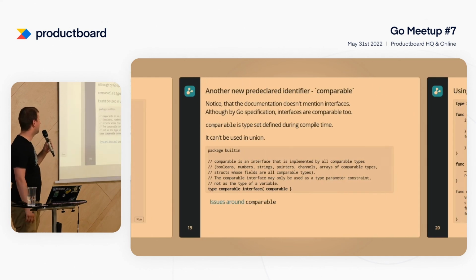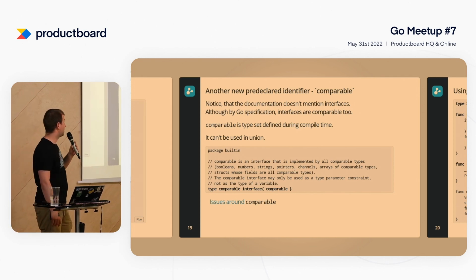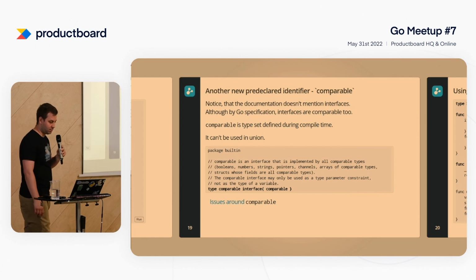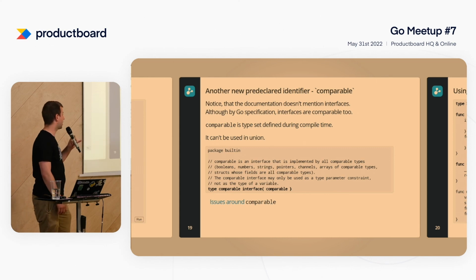Okay, and another new predeclared identifier is comparable. It's the only constraint which made it to the 1.18 release, and it's a dynamic typeset, which includes all types supporting the equal operator. So it includes even your struct, which can be comparable.